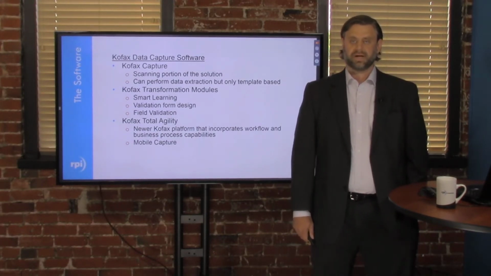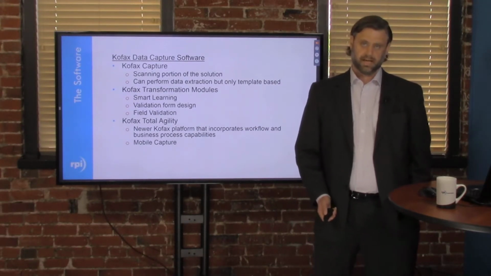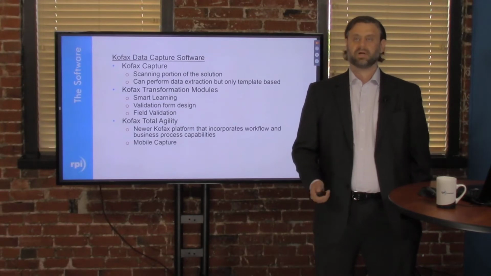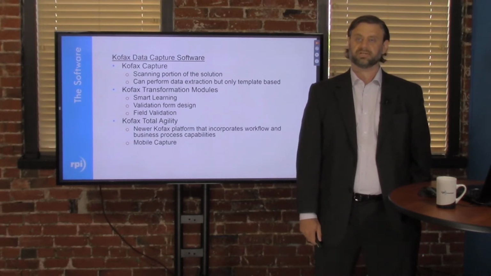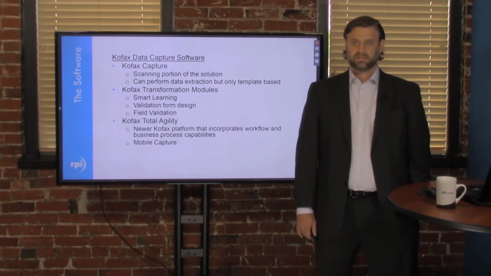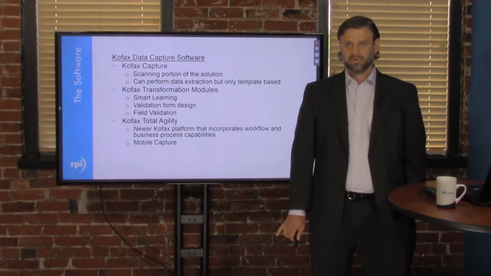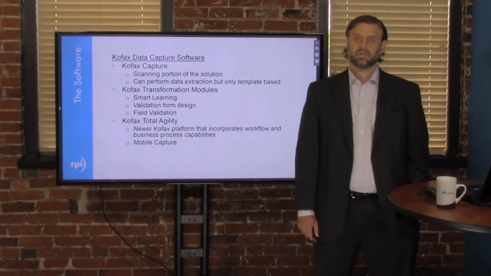When we install a Kofax solution, typically our customers get Kofax Capture and Kofax Transformation Modules installed, which I'll probably be calling KTM the rest of the way here. So if I say KTM, it's Kofax Transformation Modules. Kofax Total Agility, though, I did just want to mention. It's a newer platform for Kofax, so a lot of the newer installations are using Total Agility.